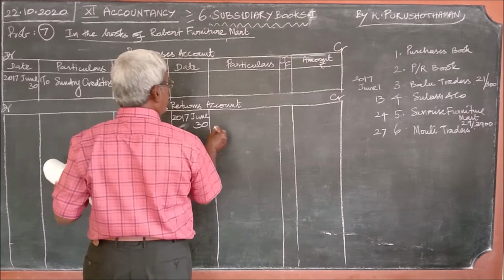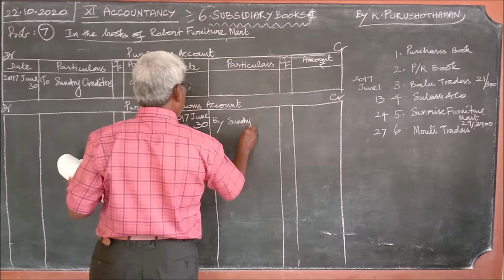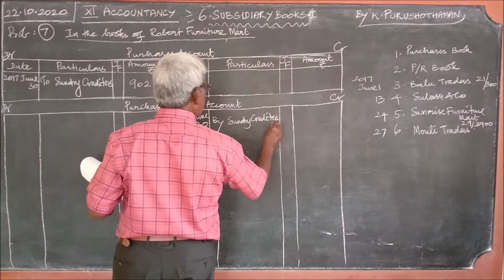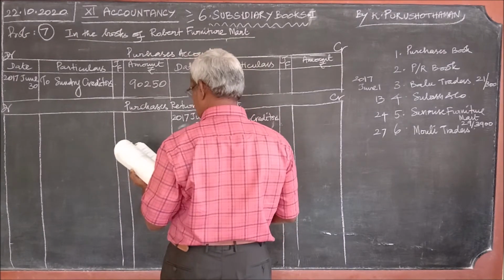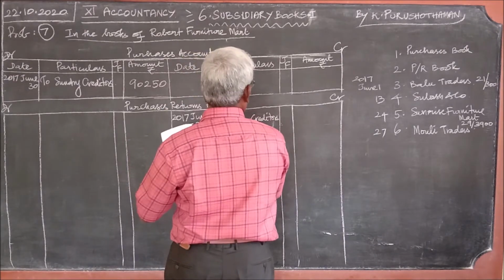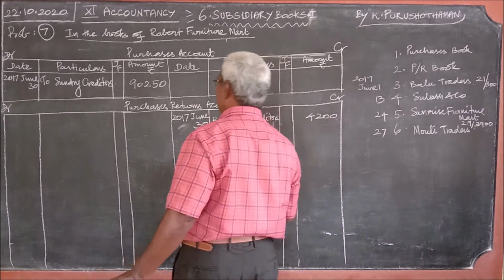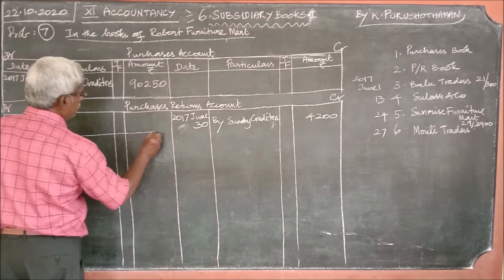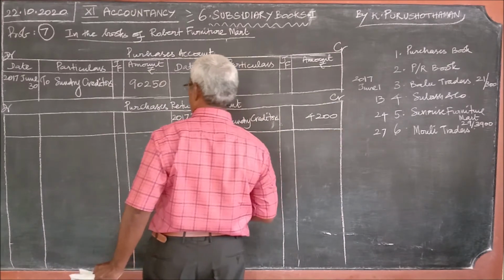June 30th is the last date, therefore by sundry creditors, the amount will be 4,200. Only post the entry. With this the ledger is over. No question of balancing, etc.